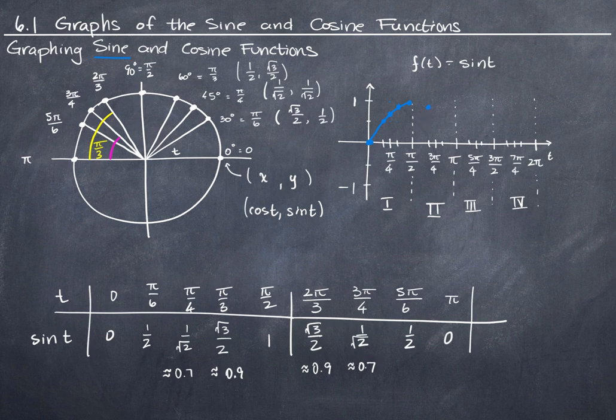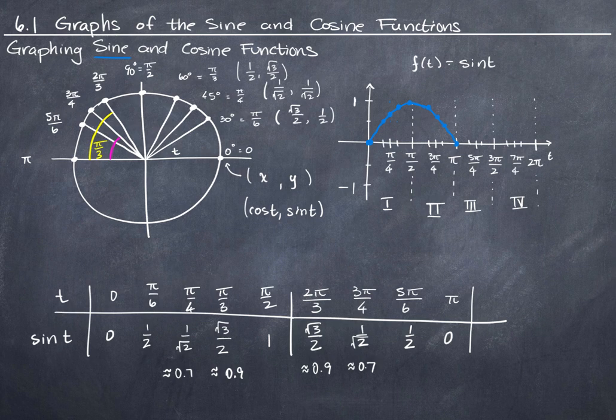Then at 3 pi over 4, I'm at 0.7, so I'm going to be about here. And then at 5 pi over 6, I'm at a half. And then at pi, I'm at 0. So this part of this graph looks something like this. A little squiggly in there. It shouldn't be so squiggly.